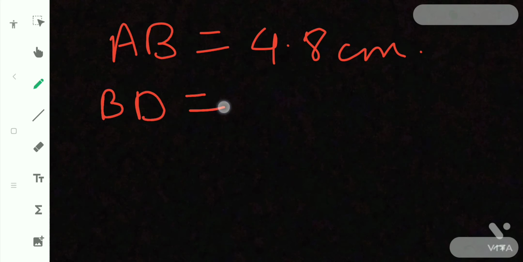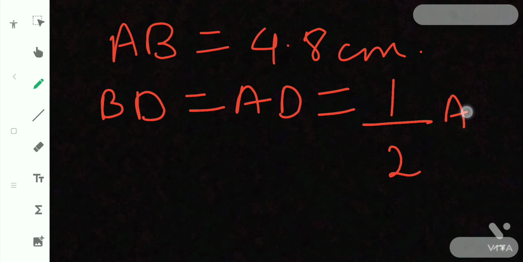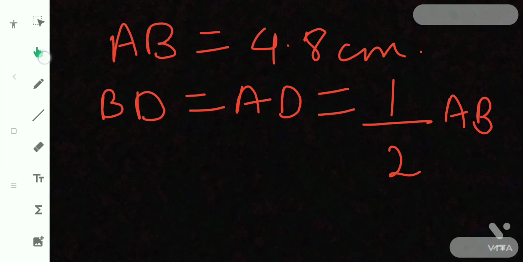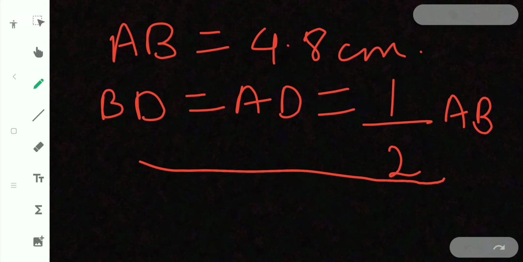But full AB is given that 4.8 centimeter. Okay, sorry, not AB. EF is equal to 4.8 centimeter. Okay, then this is not needed actually.